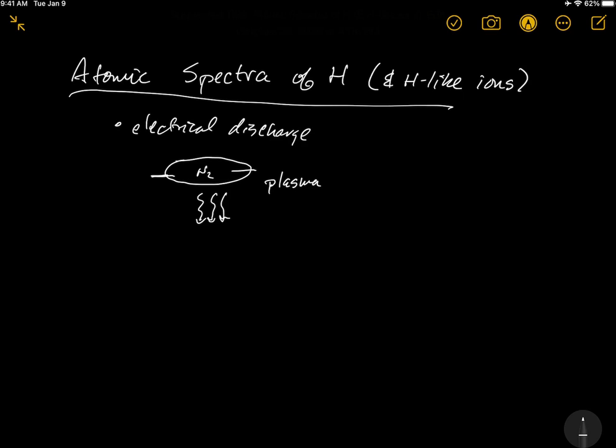And so this plasma has a dynamic equilibrium where electrons can recombine with protons to make hydrogen atoms in the excited state, and then the hydrogen atoms in the excited state can give off photons to relax to lower energy states, eventually to the ground state.